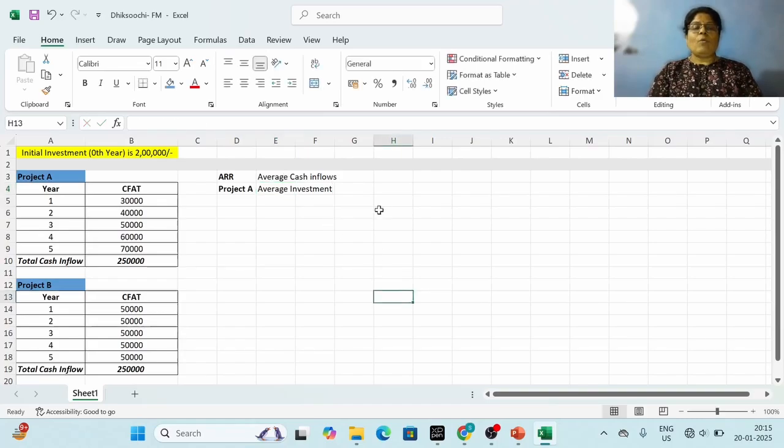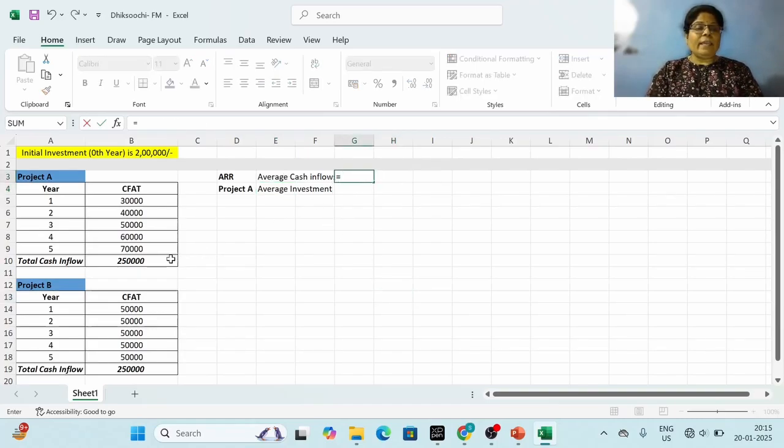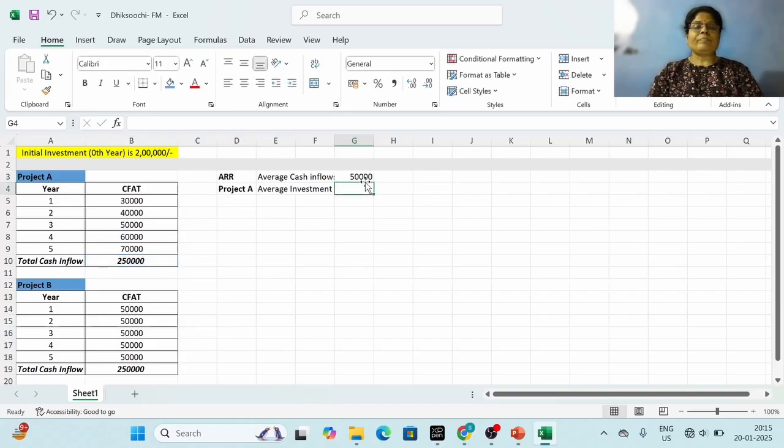Now, what is average cash inflow? That is, we are taking the total divided by the duration of the project. The duration of the project is 5 years, right? So we are writing 5. So average cash inflow is 50,000 for project A. Now we have to calculate the average investment. How do you calculate average investment?